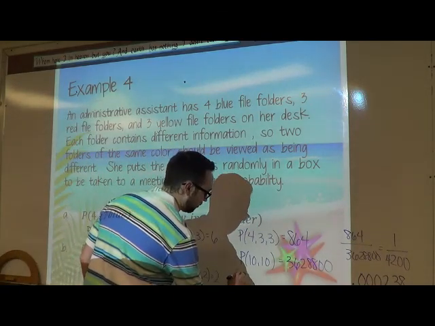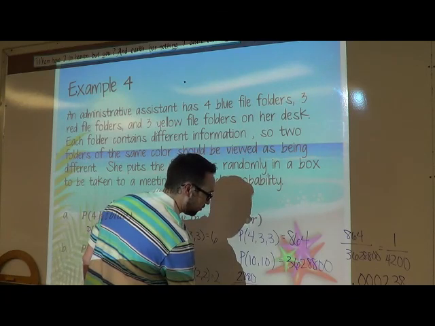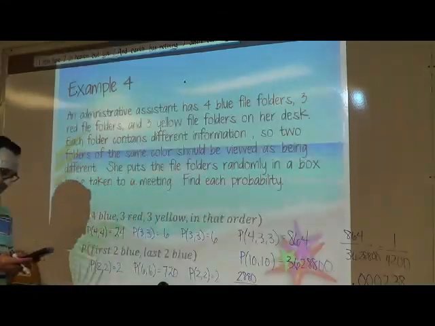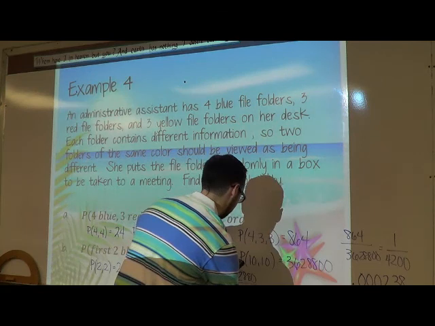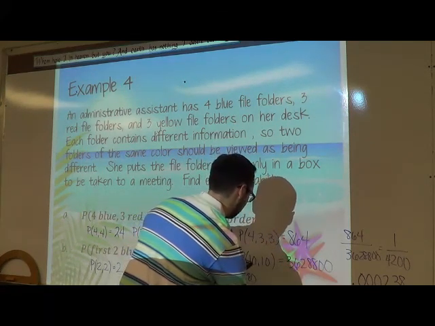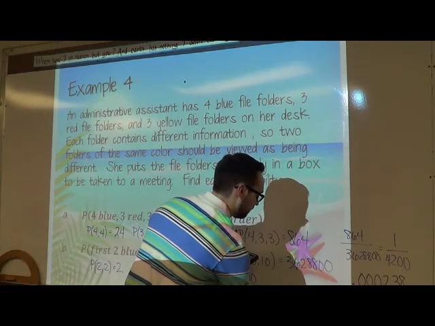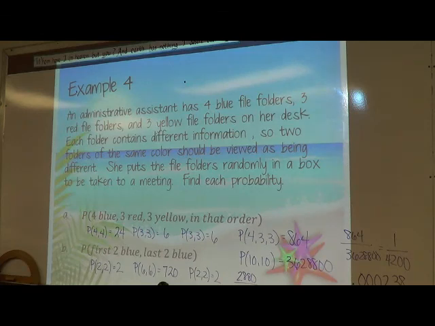So then our total here would be 2880 divided by that same total, because you're, again, choosing 10 folders. And when I divide that out, you get a very small fraction of 0.000794. So a little higher, but again, way less than a 1% chance of that happening.